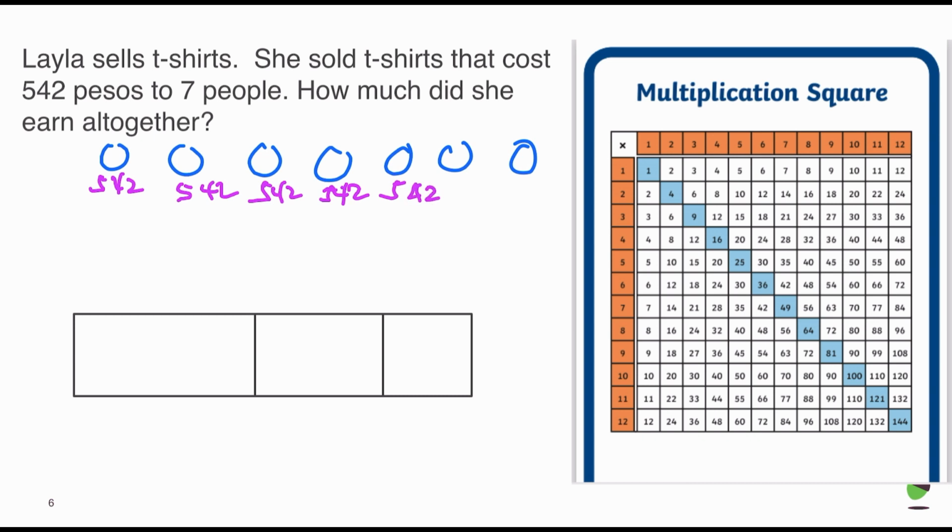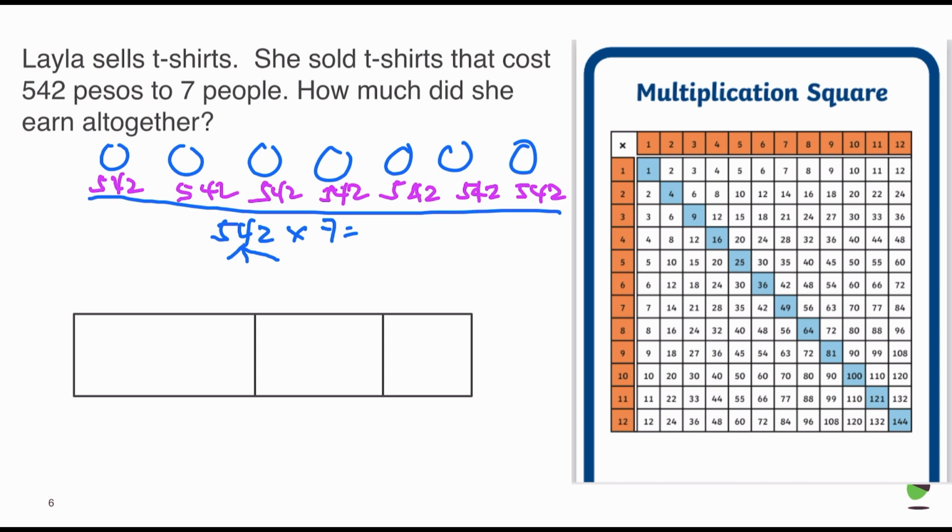And with that, our problem is to know kung magkano ang nabenta lahat ni Lila. So, magkano lahat pag pinagsama-sama? So, it means 542 multiplied by how many yung taong napagbentahan niya? 7. First things first, we need to partition. Now, papartition na natin to ng 3.